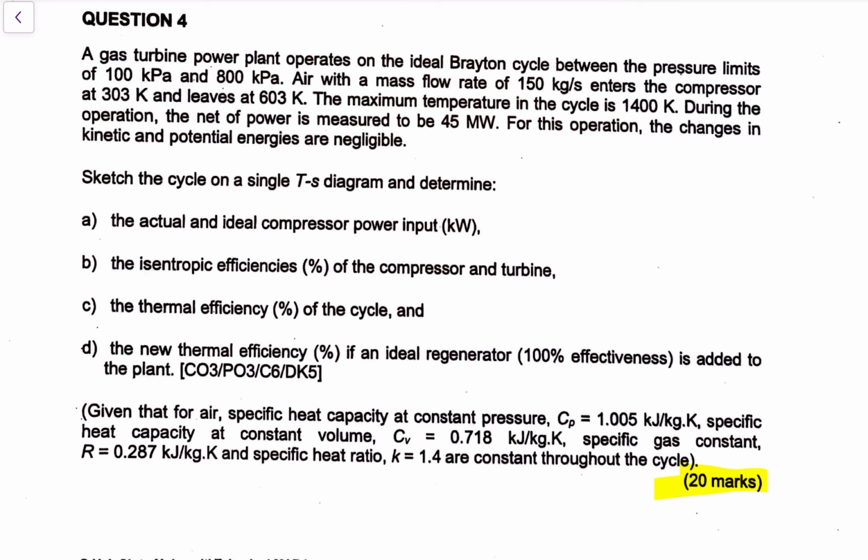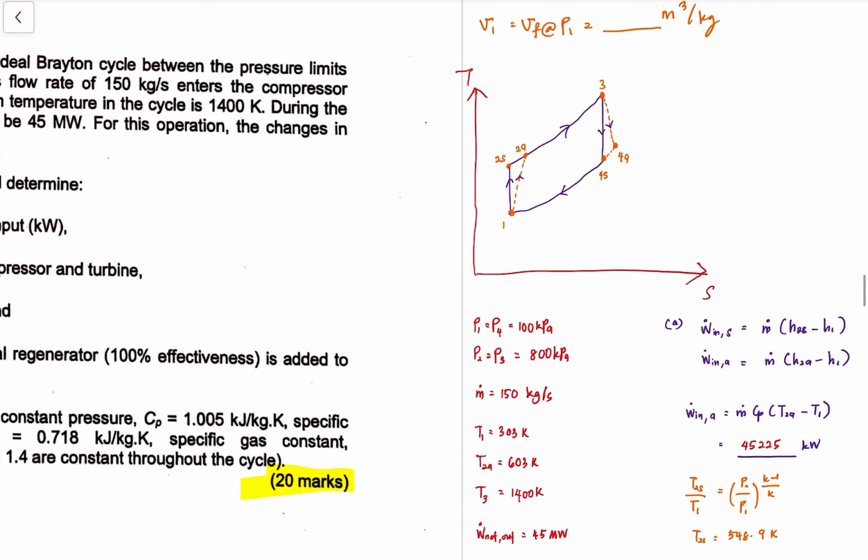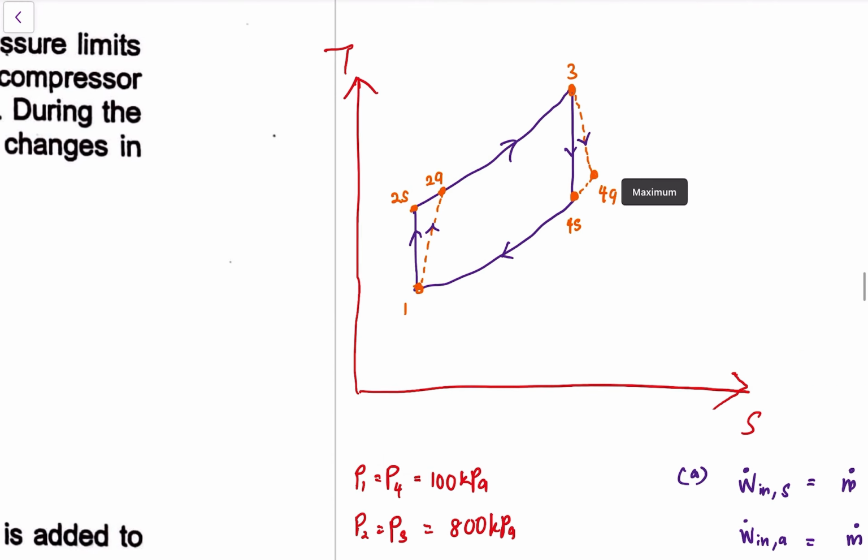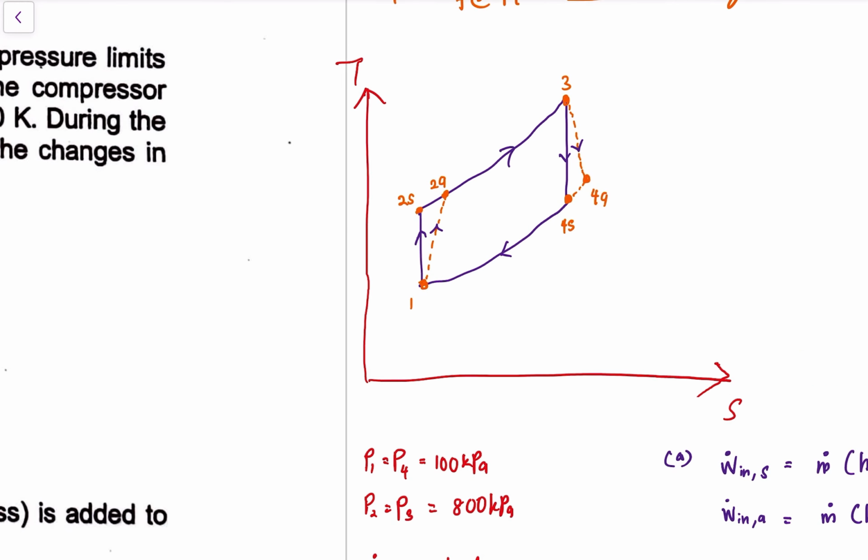So from this question, we know that the operating pressure is in between 100 and 800 kilopascal. So if we look into the TS diagram for the ideal Brayton cycle or simple Brayton cycle, we will have this kind of TS diagram.